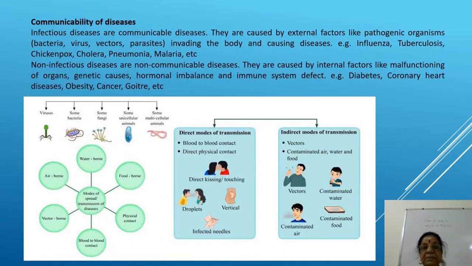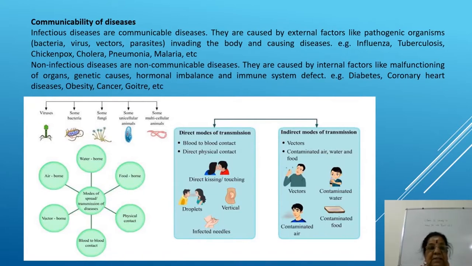It is the communicability of diseases. I just told you: viruses, some bacteria, some fungi, like bread mold, rhizopus, and then some unicellular animals, as amoeba causing amoebiasis, and plasmodium causing malaria.